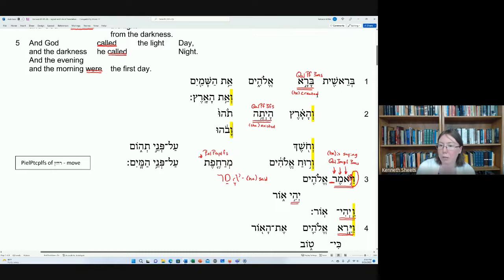So, Bereshith bara Elohim, eith hashamayim wa'eith haaretz. And you can see right here what I have highlighted in yellow. This right here is in fact that wow pointed with a simple vocal shewa. And this is a wow conjunctive, just indicating simple juncture.